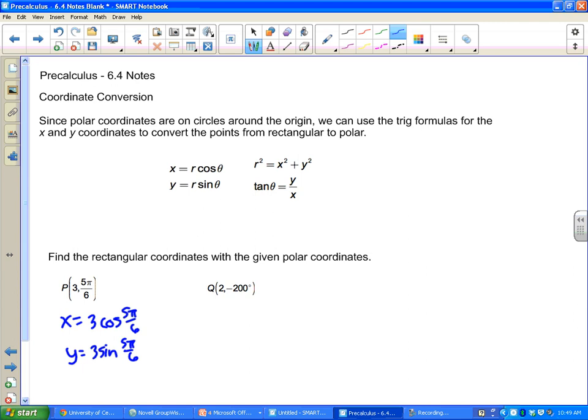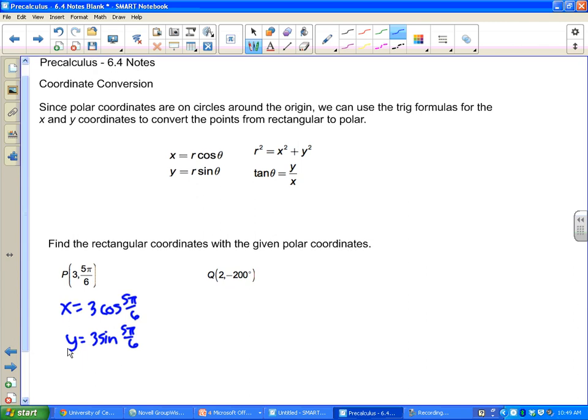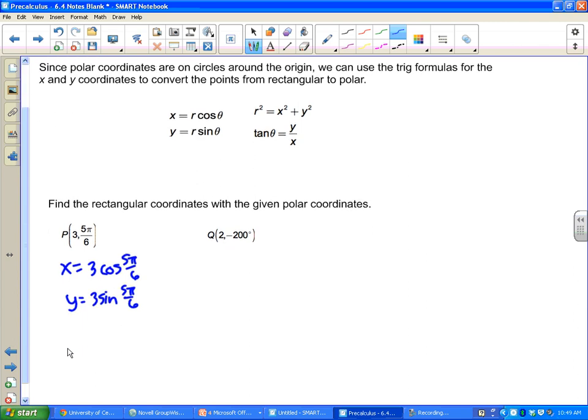Now 5 pi over 6 is on our unit circle, so we should be looking at our unit circle for this and getting exact values, because those are the best. At 5 pi over 6, cosine is negative square root of 3 over 2. I'm looking at my unit circle as we speak.